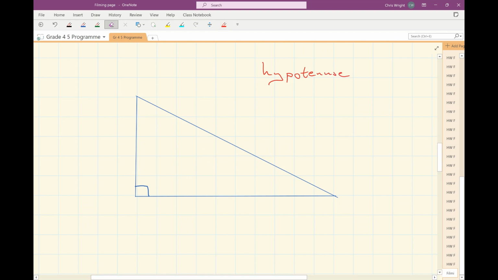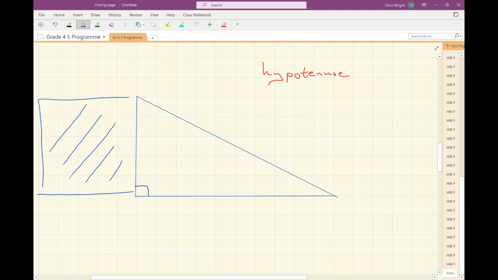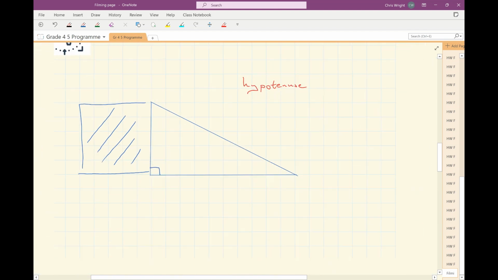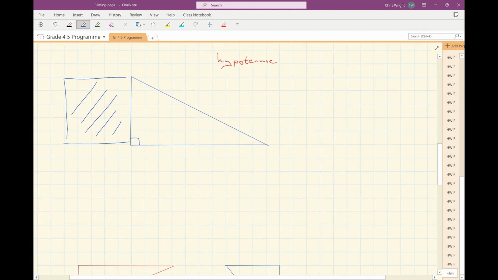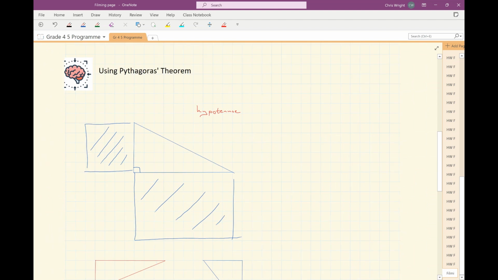Now, it is the case that if you were to draw a square on each side of the right-angled triangle, you can imagine what the area of that square is, and you can imagine me drawing a square on this side. You can imagine the area of that square, and you can imagine me drawing a square on the hypotenuse here.